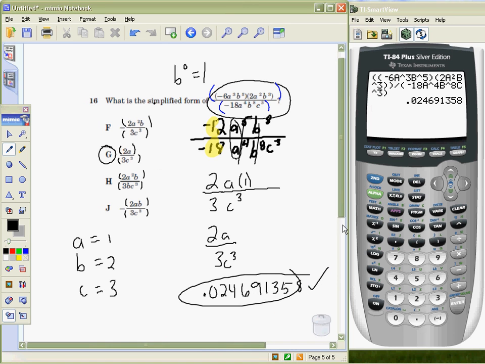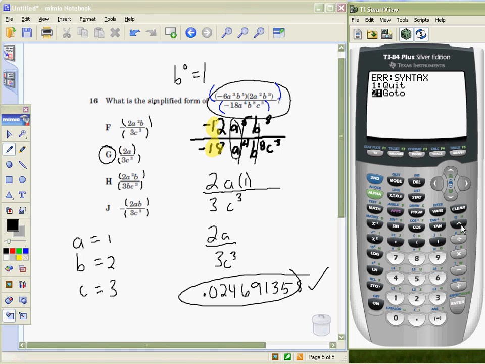So I already know that G is the answer, so I'll show you how it works using that one. And I get the exact same decimal.